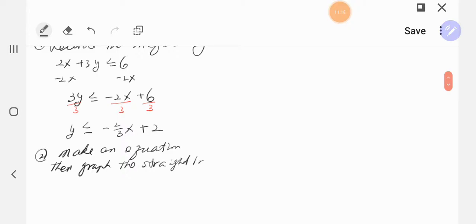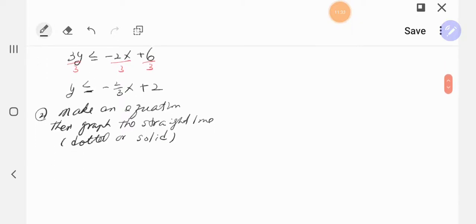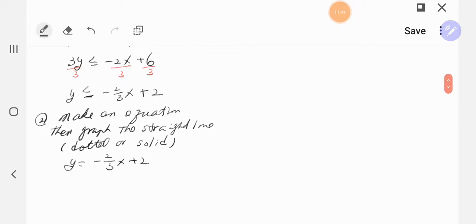The straight line is either dotted or solid. In this case, it will be a solid line because this is an equation. So write the equation: y is equal to negative 2/3 x plus 2, right? Using this, let's graph it.